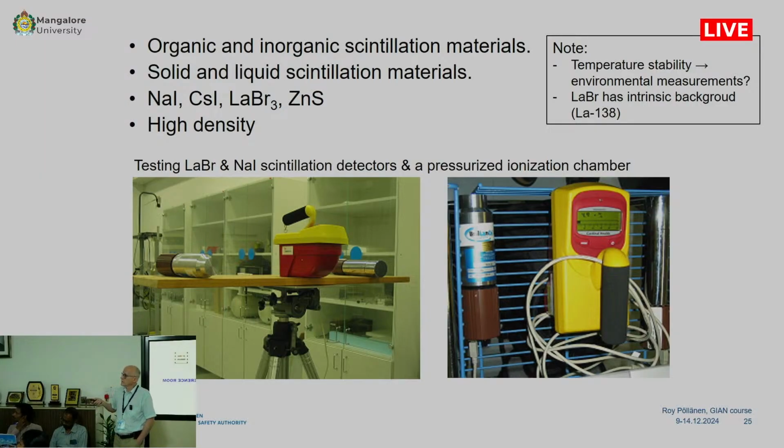And lanthanum bromide detectors, which are quite modern, have quite good energy resolution, but there is intrinsic background coming from this nuclide.